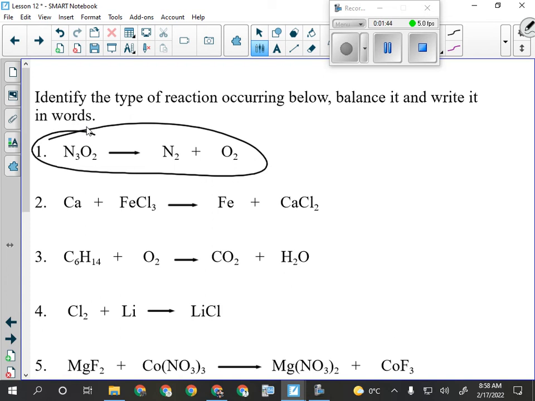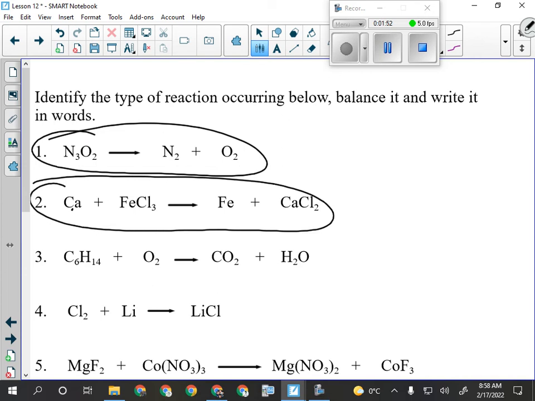That is the only reaction type with only one reactant. If I am looking at a reaction like number 2, where I have an element reacting with an ionic compound, I am looking at a single replacement reaction. And that element will replace the part of the ionic compound that it is like.